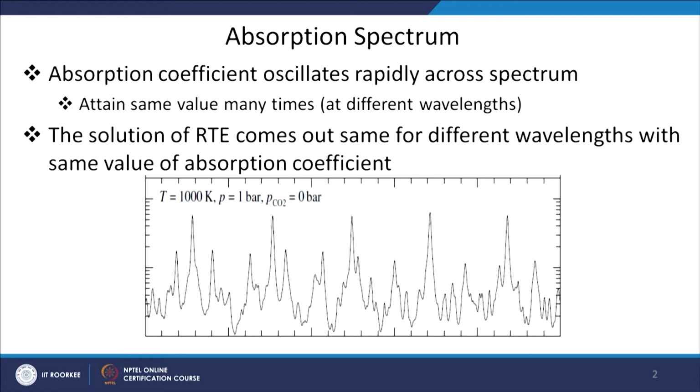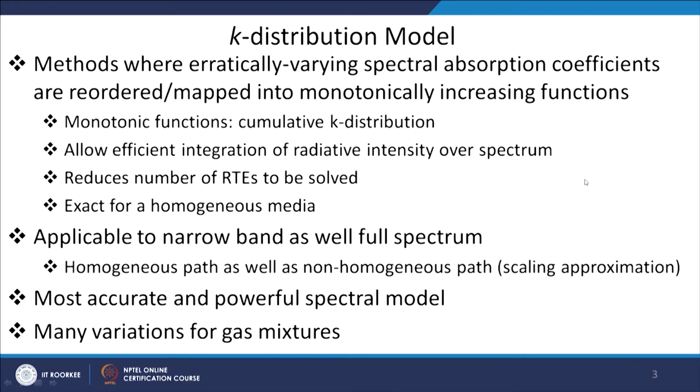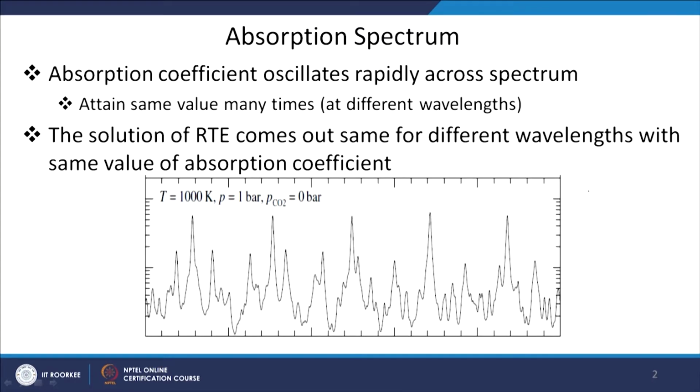What we observe is that in the RTE, dI_lambda by ds is equal to kappa_lambda times (I_B lambda minus I_lambda). This is our radiative transfer equation. I_B lambda is the black body emission power, which depends on temperature and does not depend on the absorption coefficient, and I_lambda is the unknown variable.